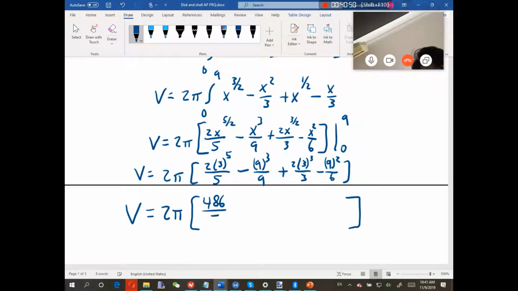Okay, so I've got 486 over 5. Unfortunately, none of that reduced, so I'm going to keep it just like that. This one, though, minus 9 cubed over 9 is the same thing as 9 squared.